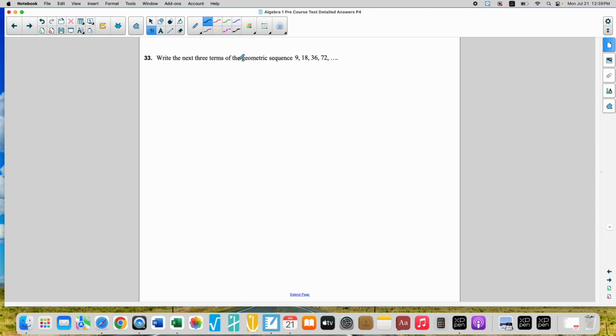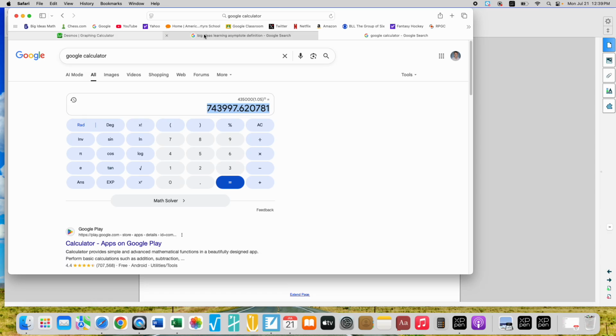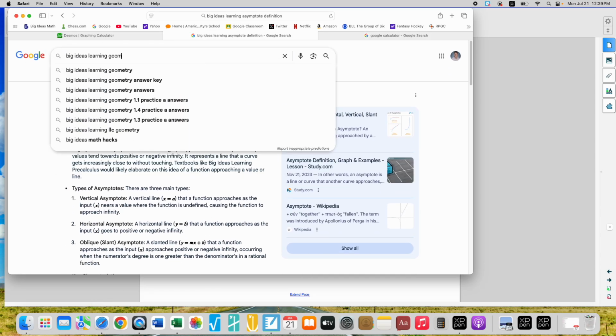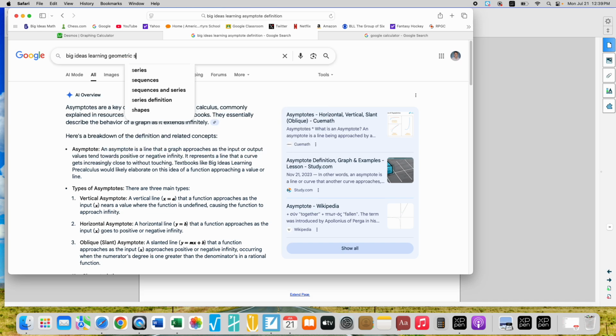33, write the next 3 terms of the geometric sequence. All right, so what is the formula for a geometric sequence? It is not going to be increased by addition and subtraction. It's actually going to be increased by multiplication. So let's take a look here, and let's do what we did again. Big Ideas Learning, geometric sequence formula.